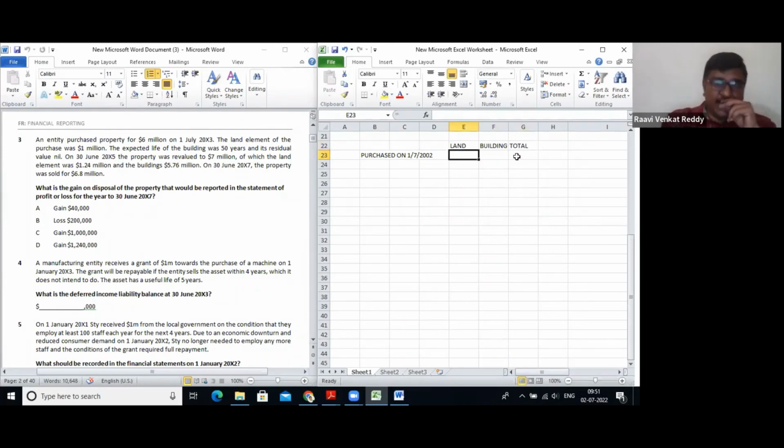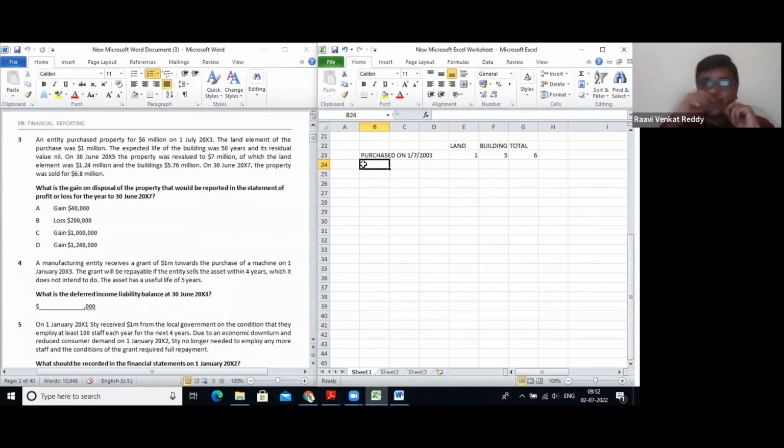We actually purchased it for 6 million. In that, the land element is 1 million and the building element is 5 million. Now, it was revalued on 30th June 2005, sorry participants, the purchase was in 2003, I'm sorry for that. So it was revalued on 30th June 2005, which is after 2 years.